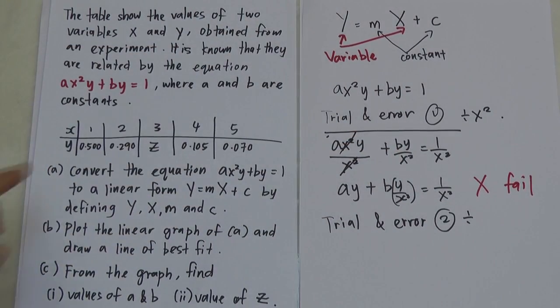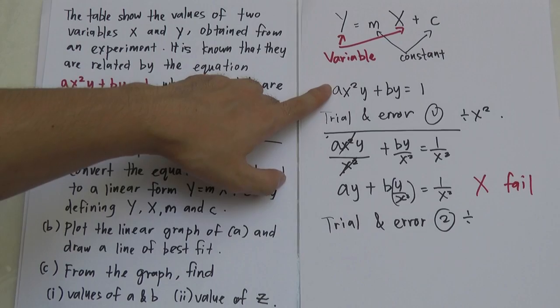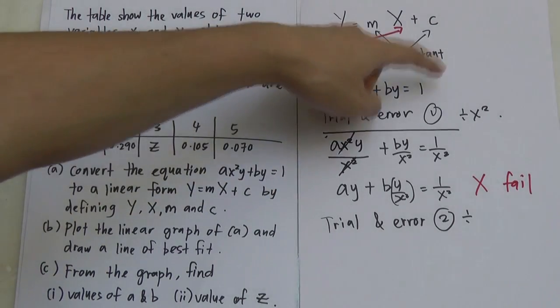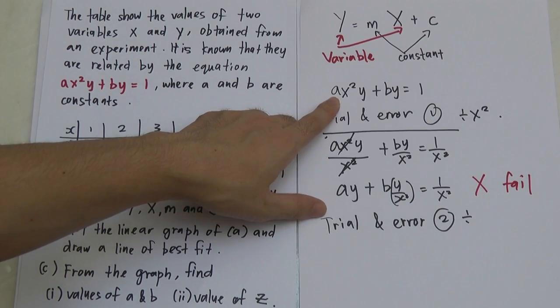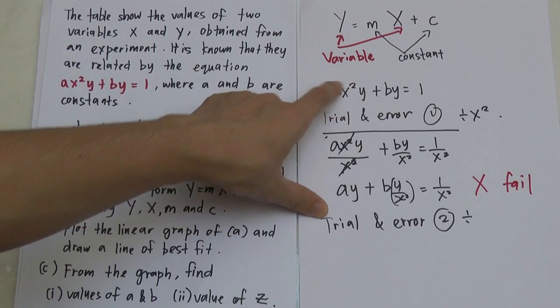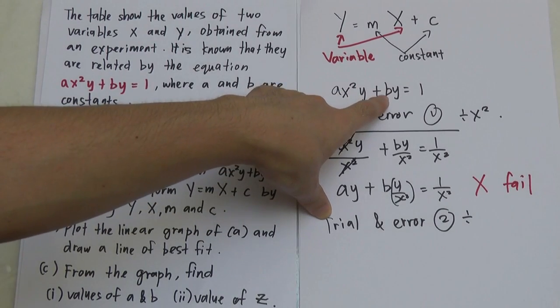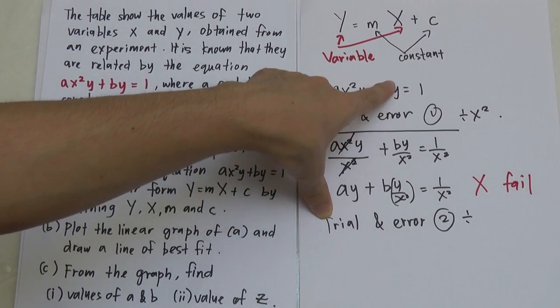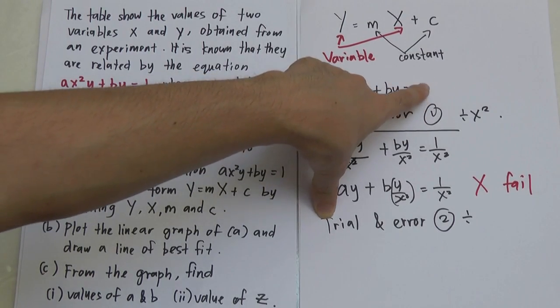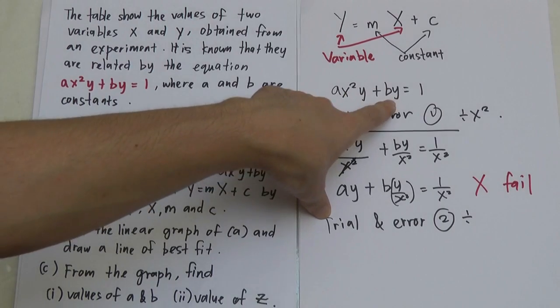So from the experience I got, of course I know I just divide by y for every single term. You will see what happens when I divide every single term by y. This one I divide by y, I get ax squared. Okay, this one has a variable. This one divided by y, I get b. This is a constant. And then 1 divided by y, I get 1 over y. This is a variable. So I only have one variable here and one variable here, with one constant.